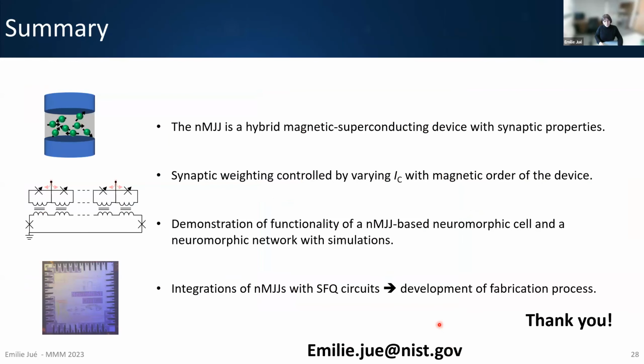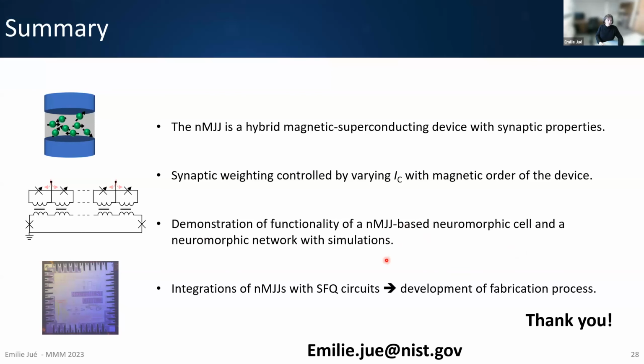With that, I'd like to conclude my talk. I've shown that the nanoclustered magnetic Josephson junction is a hybrid magnetic and superconducting device which has synaptic properties. In this device, the synaptic weight is controlled by varying the critical current with the magnetic order of the device. We have demonstrated that we can build a neuromorphic cell with a nanoclustered magnetic Josephson junction, and that we can include this cell in a neuromorphic network.